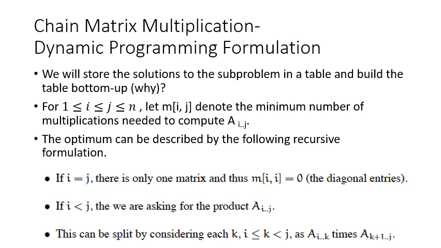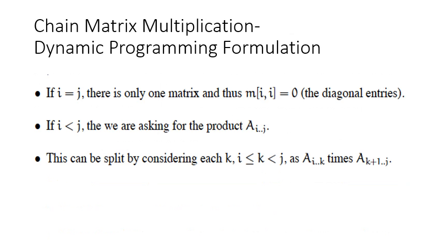Remember here that the value of k can be equal to i or greater than i, but it will always be less than j. We want to multiply the matrices from i to j. For that we have considered the split at k.